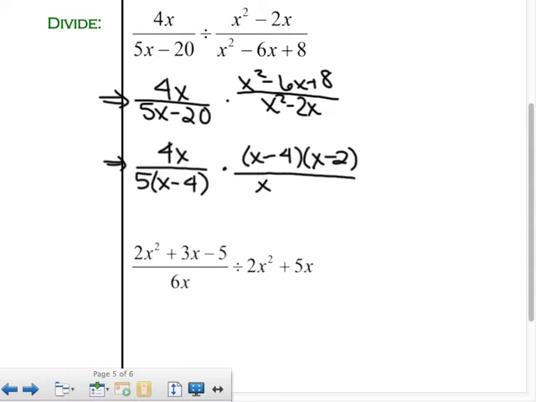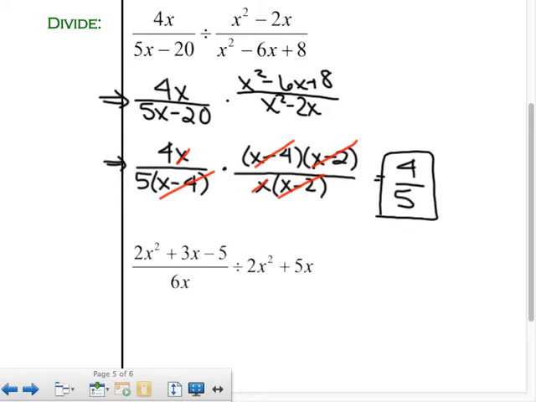Bottom right, I can factor out an x. So I notice I have an x in the numerator and in the denominator. X minus 4, x minus 2. So everything gets canceled out except 4 over 5. So that's your simplest form of that rational expression.